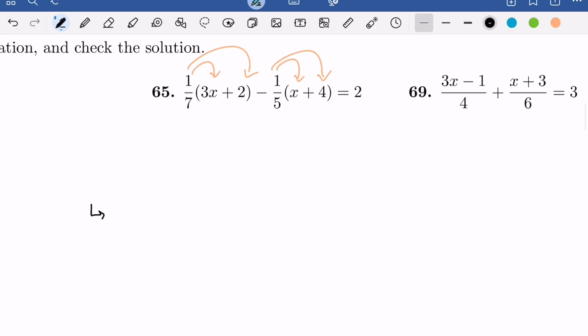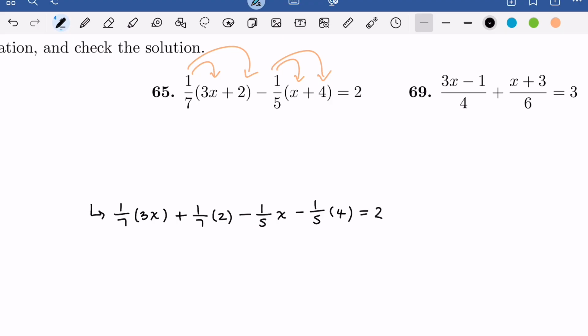When we distribute these fractions, we're going to end up with 1/7 times 3x. Then we're going to have 1/7 times 2. Then we have -1/5 times x. And then we have -1/5 times 4. And then on the right-hand side, we just have this 2.